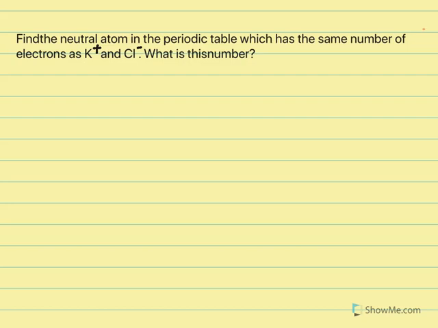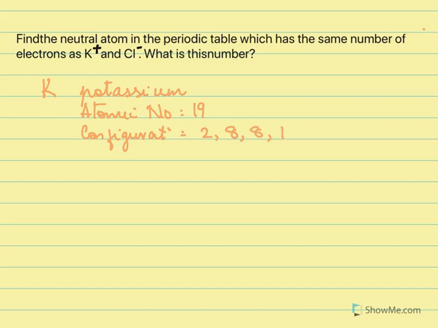Find the neutral atom in the periodic table which has the same number of electrons as K positive. Now K is potassium, and in potassium the atomic number is 19. So the configuration of potassium is 2, 8, 8, 1. So potassium is unstable.